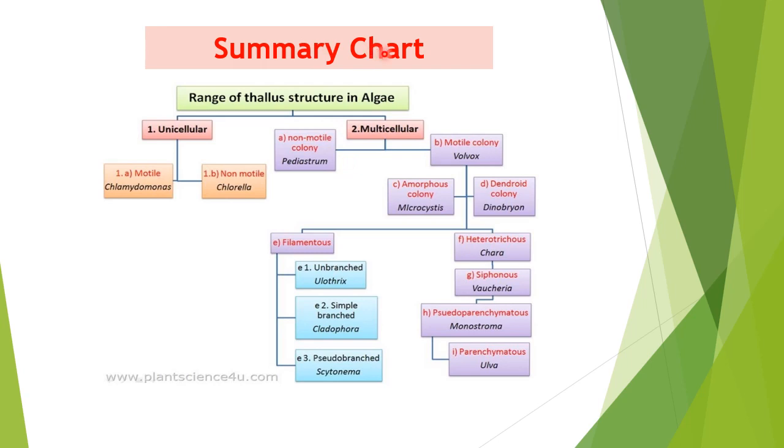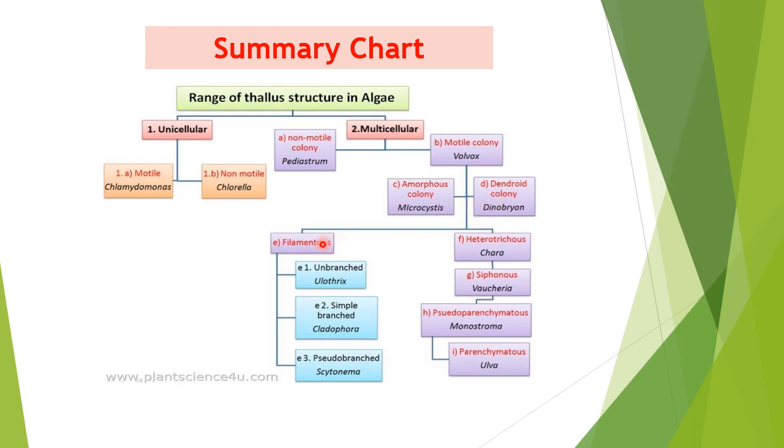Here is a summary chart where you will see the range of thallus structure. It can be unicellular, it can be multicellular. Unicellular can be a motile one, it can be a non-motile one. The multicellular can also be non-motile or motile. And depending upon that, we have different forms in these multicellular organisms.